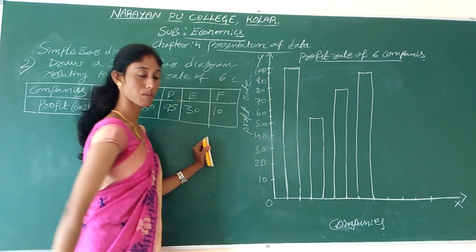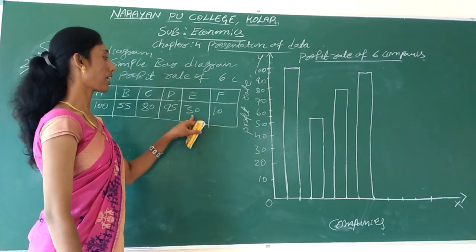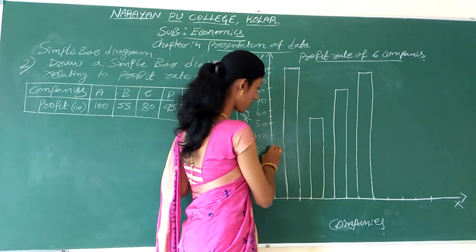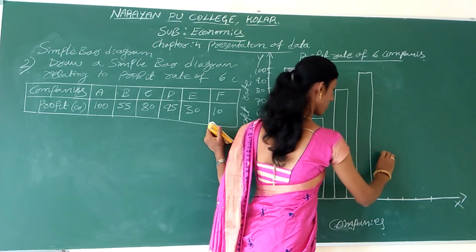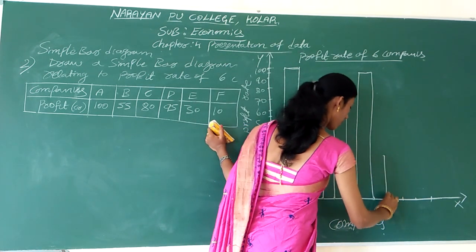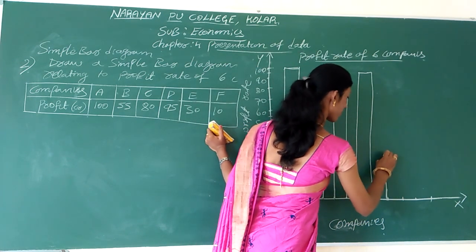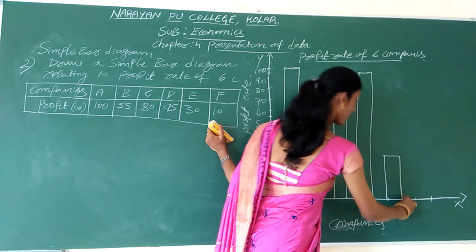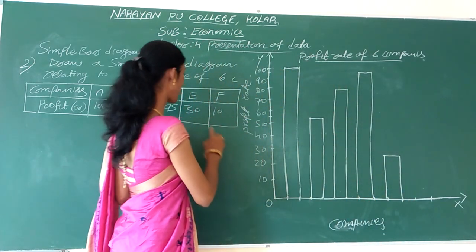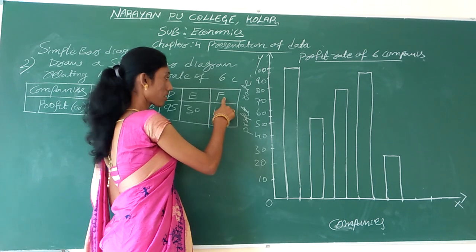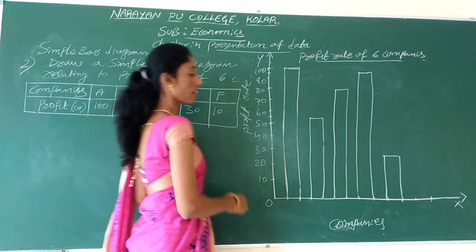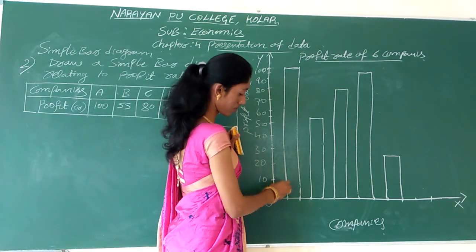Add it to the next point. Then company E is 30. Then the profit rate of company F is 10. Where does 10 come? Here.